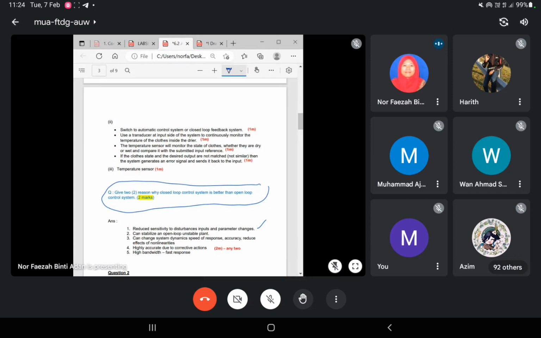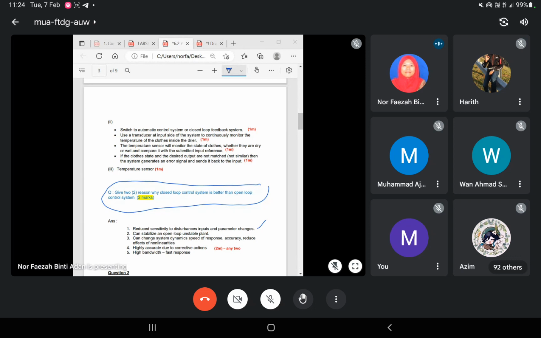And then why closed loop control system is better than open loop control system? Another way the question could be arranged is why an open loop control system is better than closed loop control system. Kenapa? Open loop better than closed loop. So here you can mention about in terms of costing, okay?